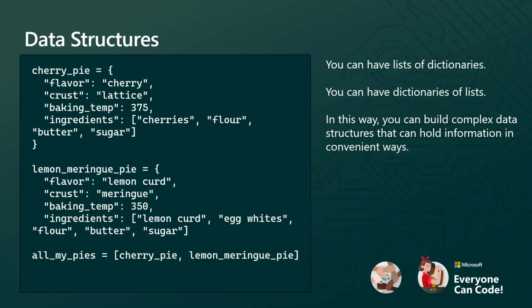And we can even have a list of all of these dictionaries. So all my pies contains the cherry pie and the lemon meringue pie. And we can say things like all my pies 0 crust will give us lattice because the cherry pie uses a lattice crust. And in this way, we can build very complex data structures to hold information in convenient ways.